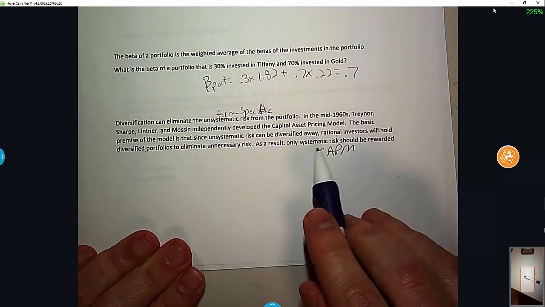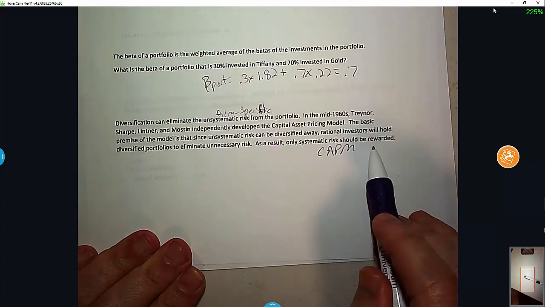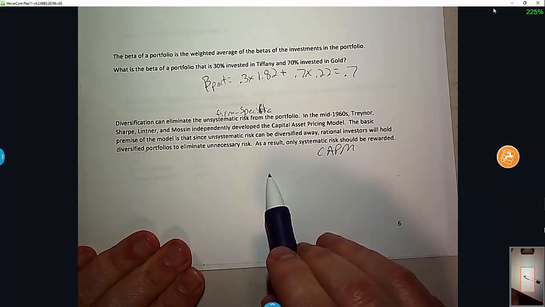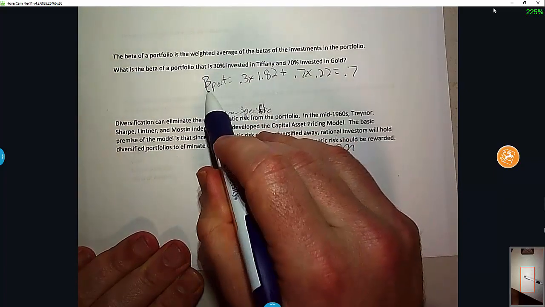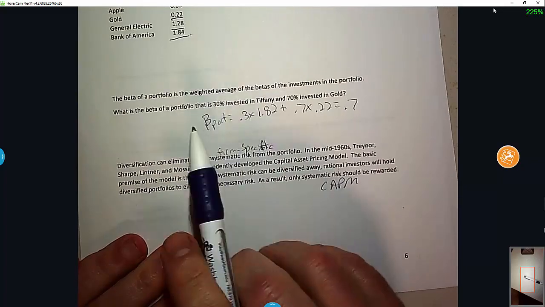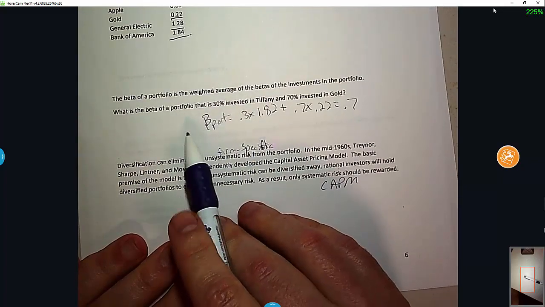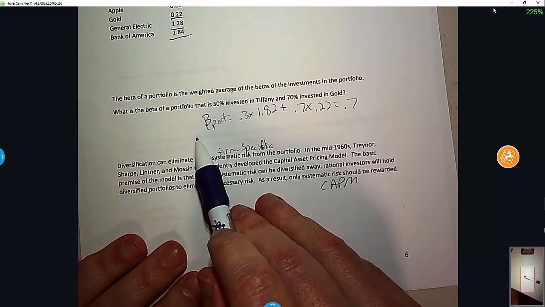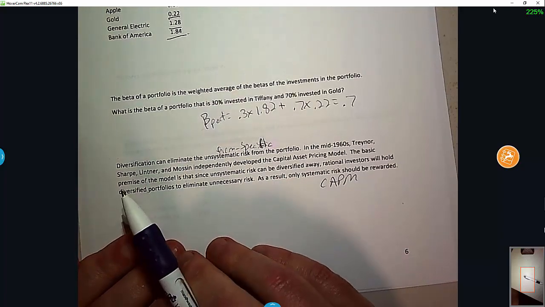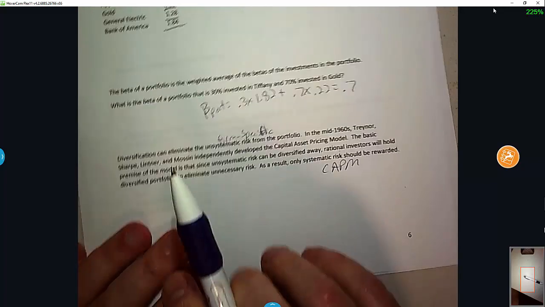As a result, only systematic risk should be rewarded. So in other words, the only risk that should affect returns is beta, the market risk. So only the market risk of the firm, the investment's sensitivity to market risk, should impact the return that investment provides.